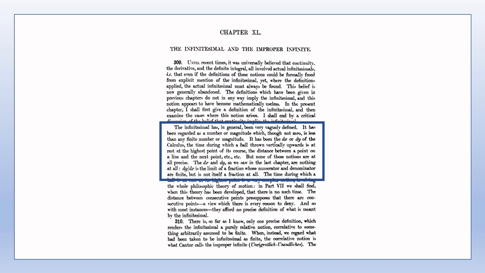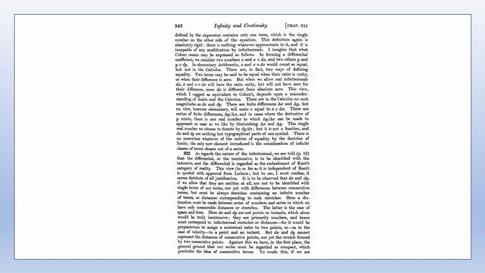And finally, in section 321 of Russell's Principles of Mathematics, we read, there are in the calculus no such magnitudes as dx and dy. There are finite differences, delta x and delta y, but no view, however elementary, will make x equal to x plus delta x. There are ratios of finite differences, delta y divided by delta x.